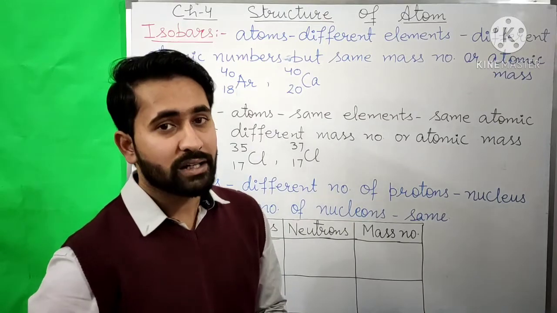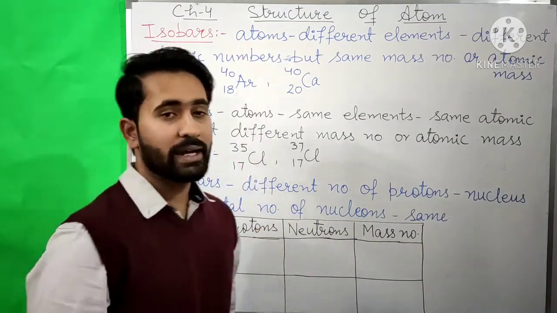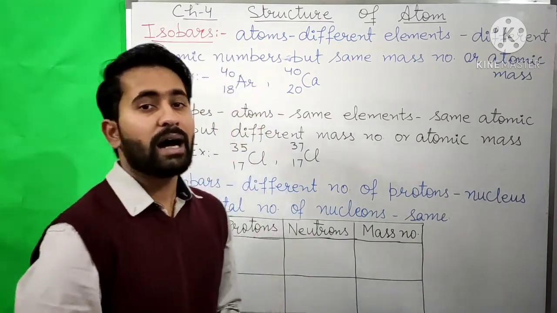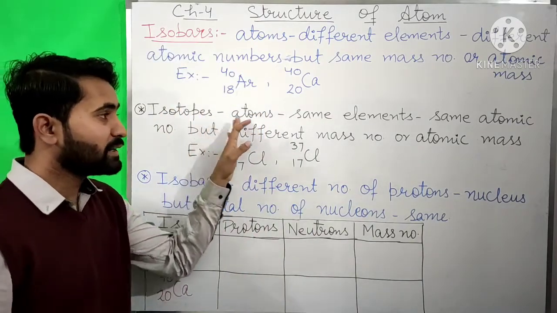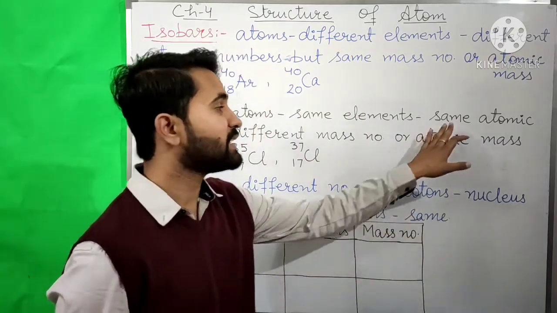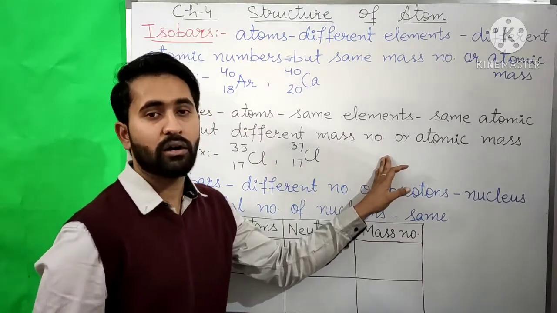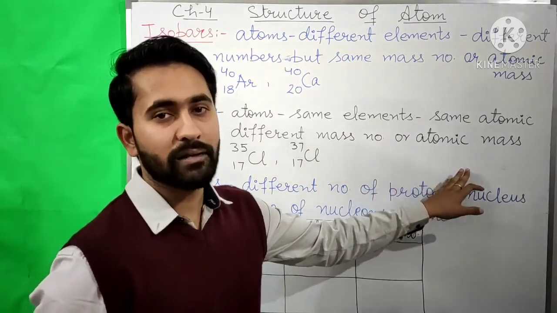Now don't get confused between the terms isobars and isotopes. Isotopes are the atoms of the same element which have the same atomic number but different mass number or different atomic mass.